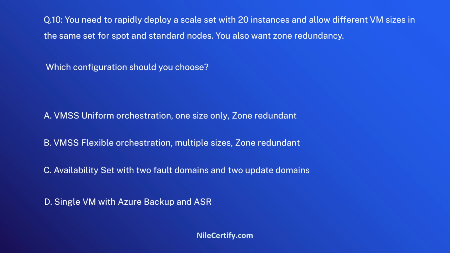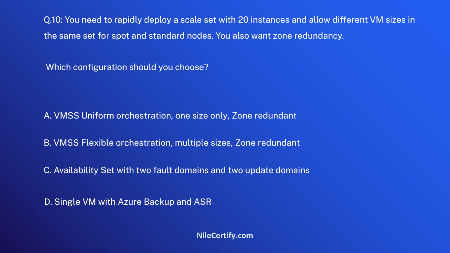Today's question is all about scaling virtual machines, mixing spot and standard instances, and staying zone resilient. So this is a very practical exam scenario, and let's break it down.